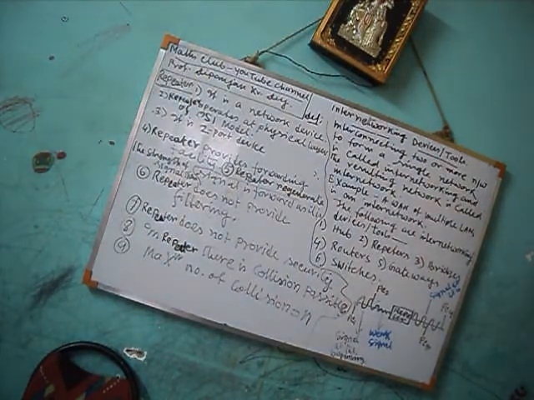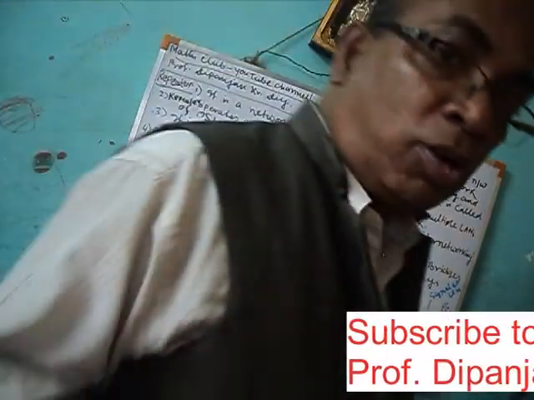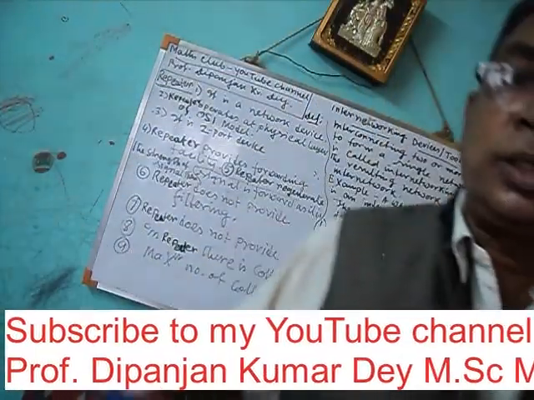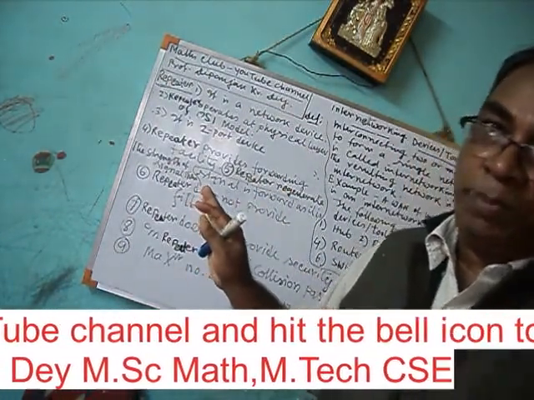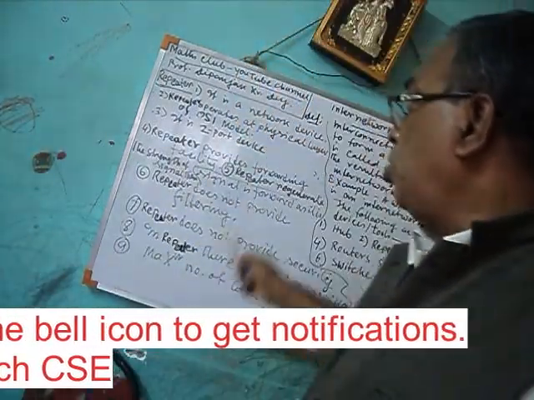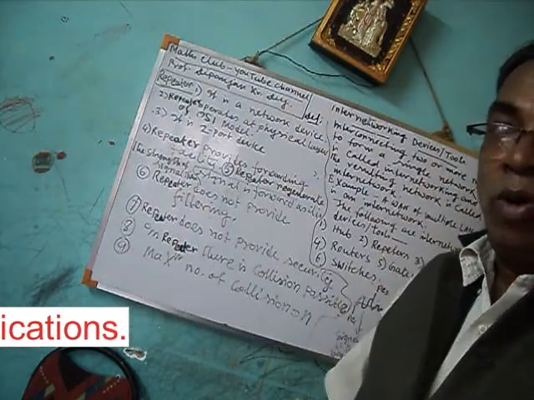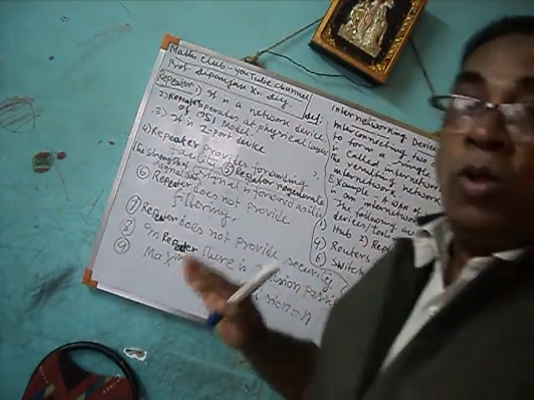It means it is completely hardware. No software works in repeater. It is totally hardware, because it works on the physical layer of the OSI model. In the physical layer, no software, only hardware.